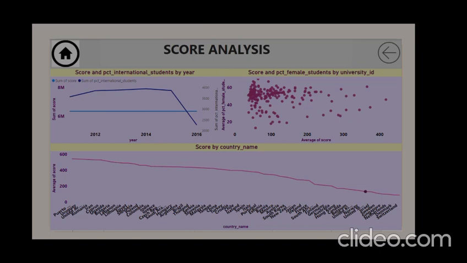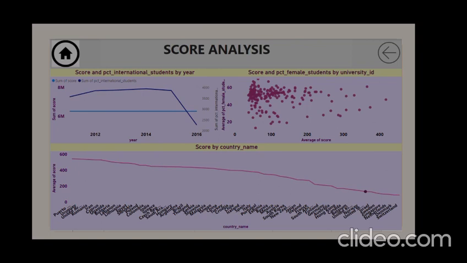This comprehensive perspective fosters better decision making and the development of cohesive strategies to support the university's mission. In this, we use two line charts and one scatter plot.